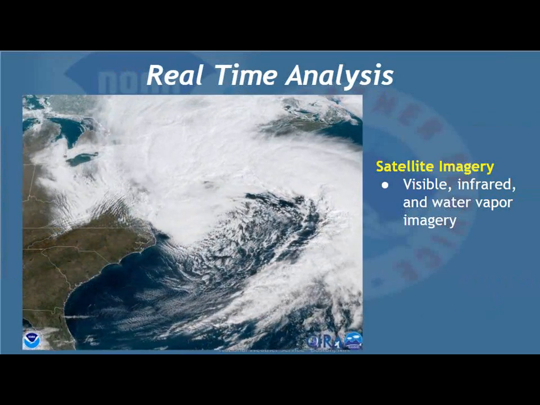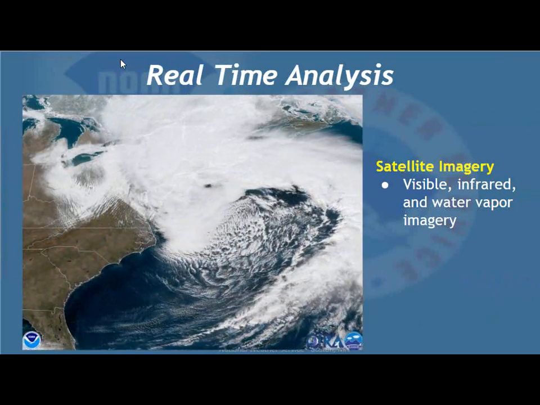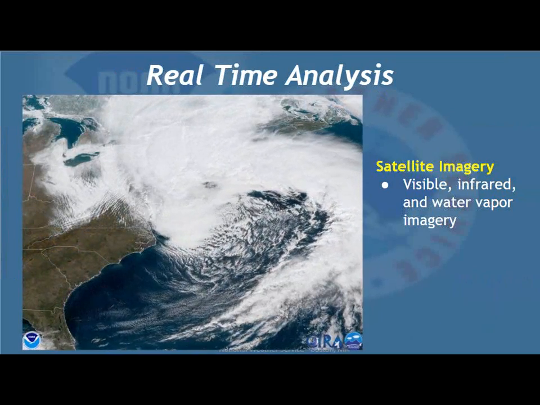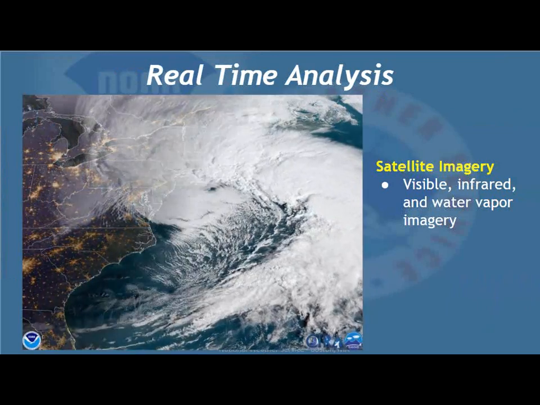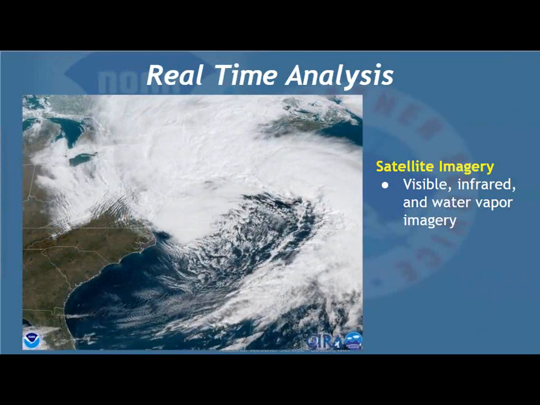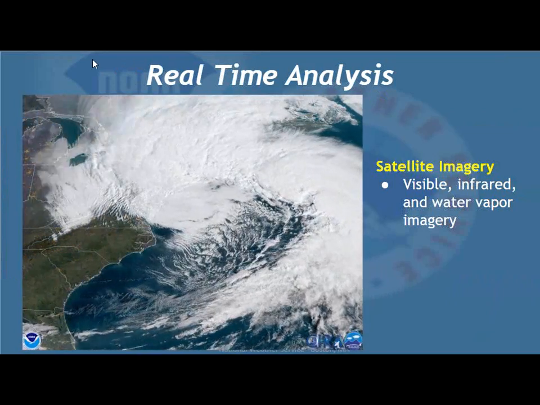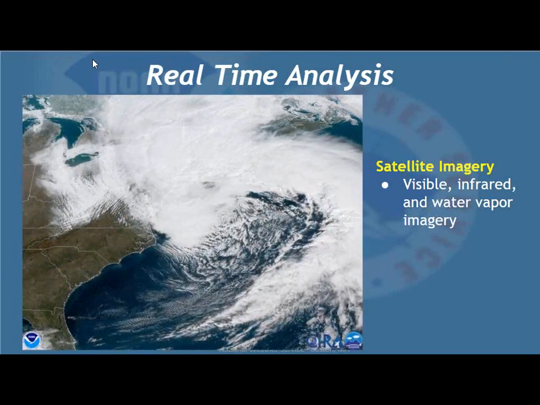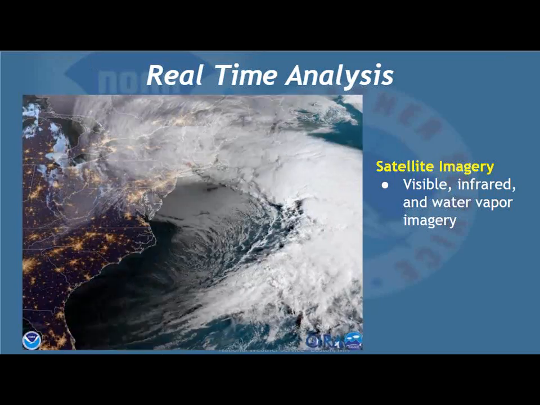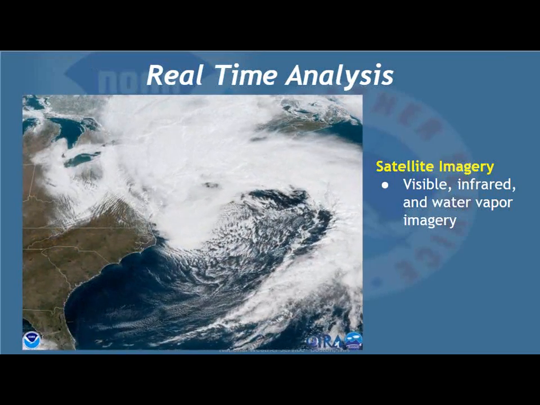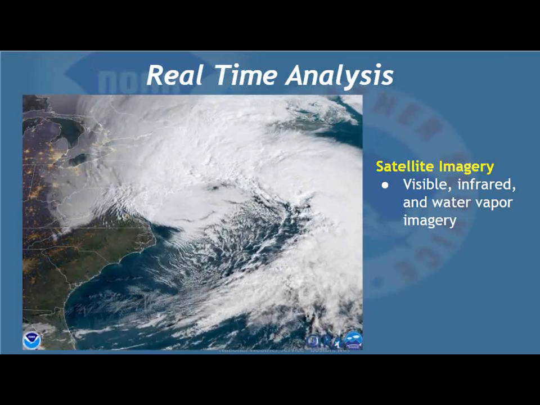We've talked so much about model data. As a storm gets closer and closer, we want to look at observations to see if the models are initializing correctly. One key resource that we look at is satellite data, and satellite data is becoming so advanced nowadays that it's almost like looking at radar.